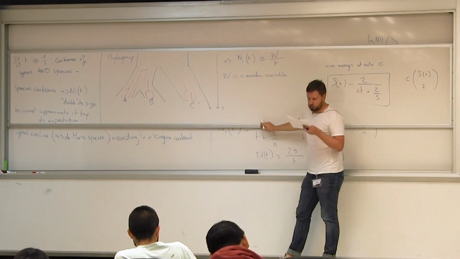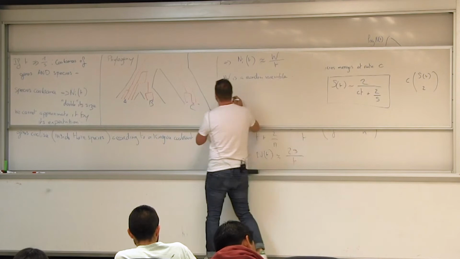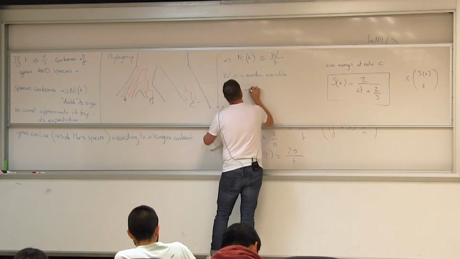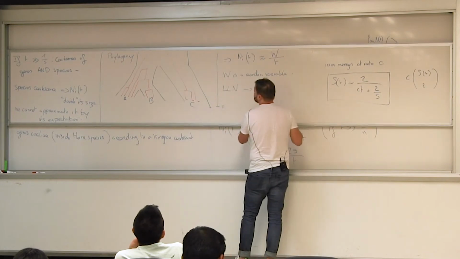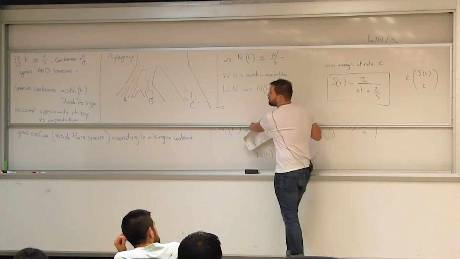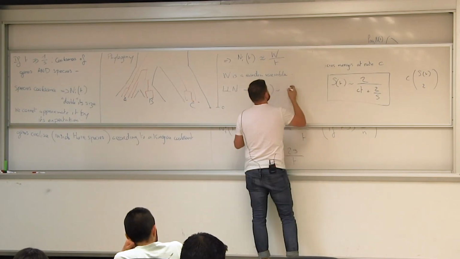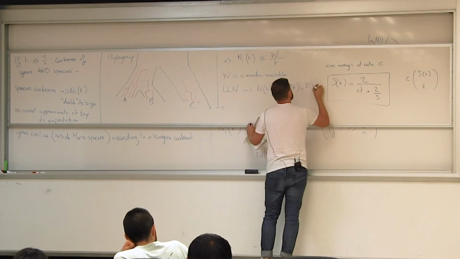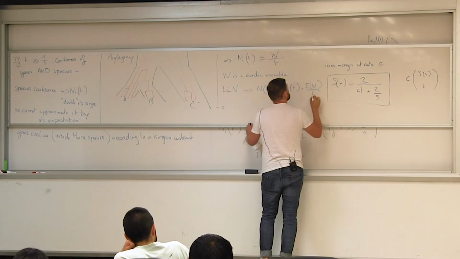And if this is true, I can use the law of large numbers argument to say that n of t, which is the sum of ni of t, will be approximately s of t times the expectation of w over t.